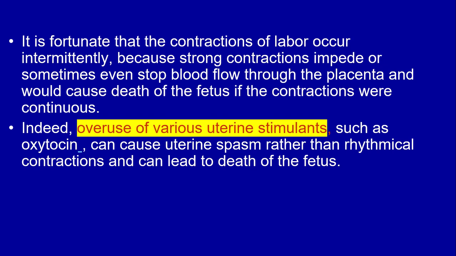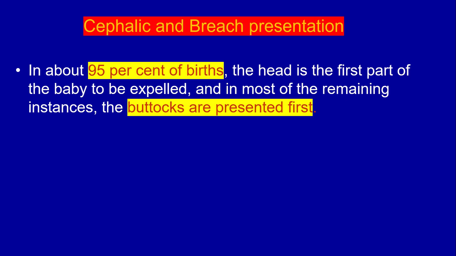Sometimes some practitioners use oxytocin for the delivery, so it is very dangerous. Induction of labor by oxytocin has a proper protocol, so that must be followed, and a large dose of oxytocin must be prevented because it causes spasm of the uterus rather than rhythmical contraction.